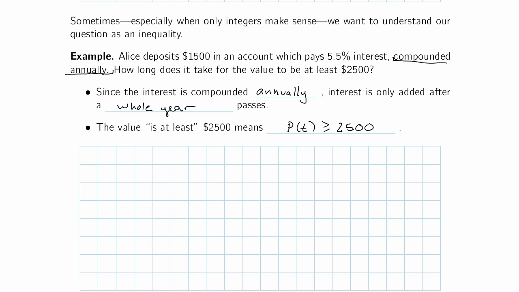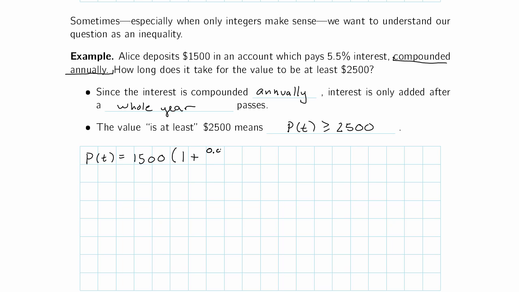The amount we have has to be greater than or equal to 2,500. So our P of t, we start with 1,500, and then we multiply that by 1 plus the interest rate over 1.